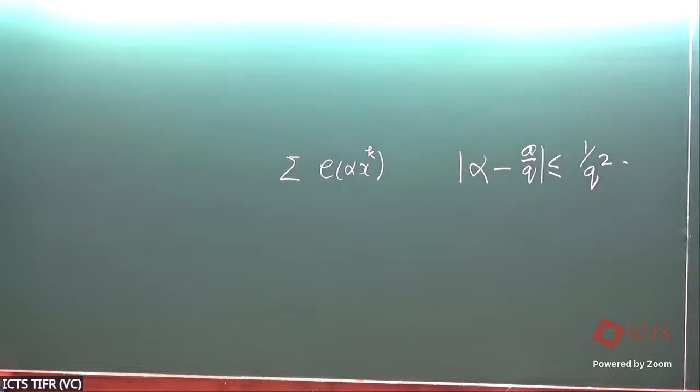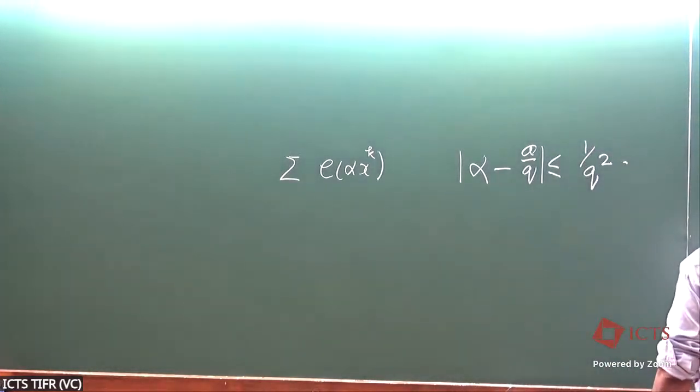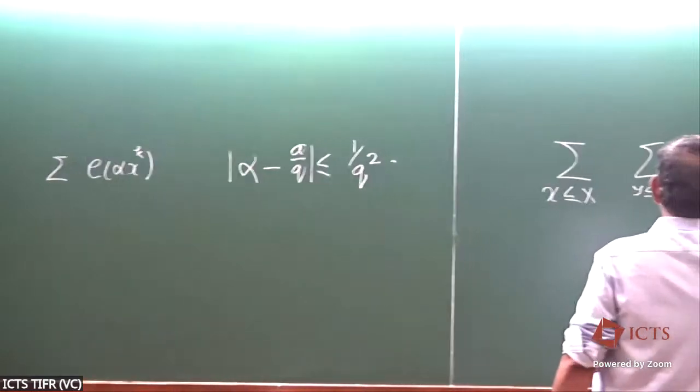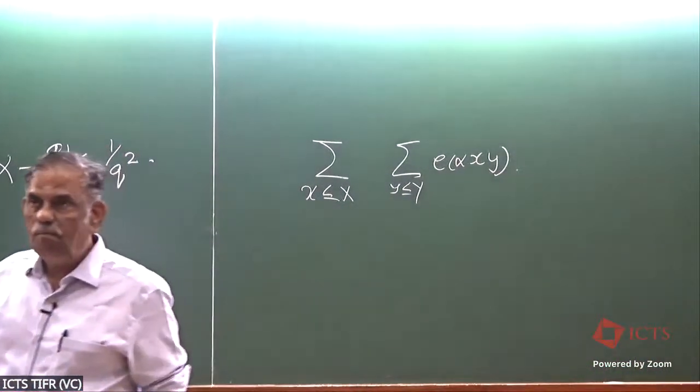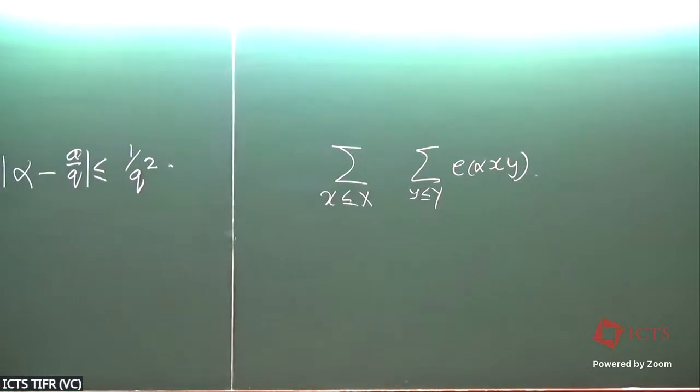When you completely come to the linear form, you get a sum of this form. And the question is, how do you estimate such a sum?